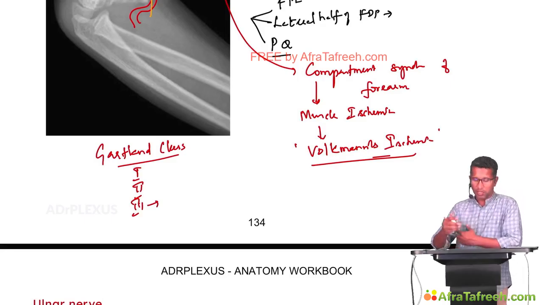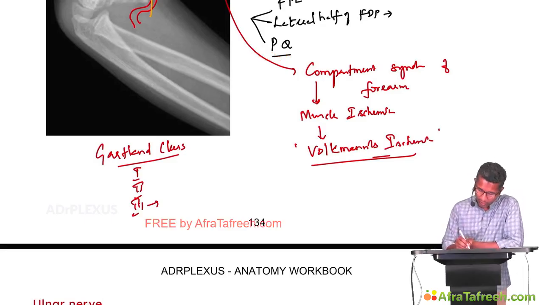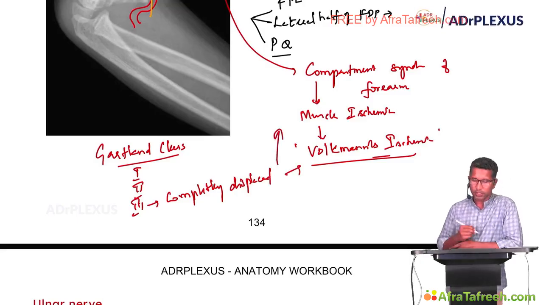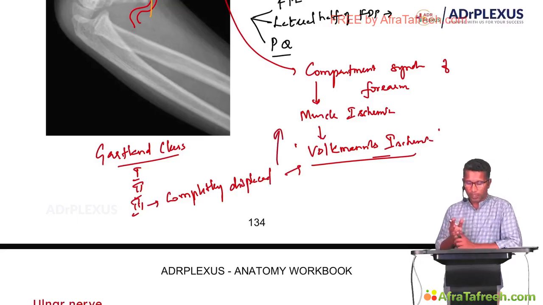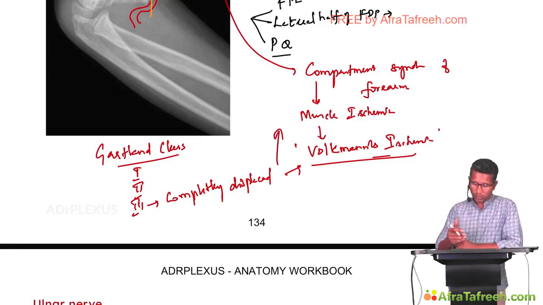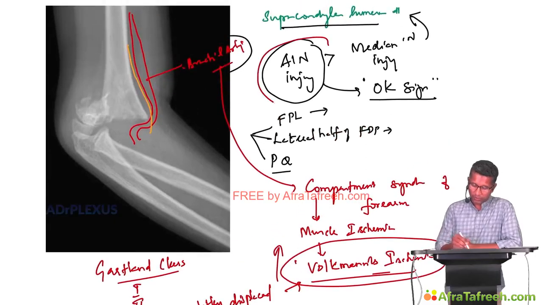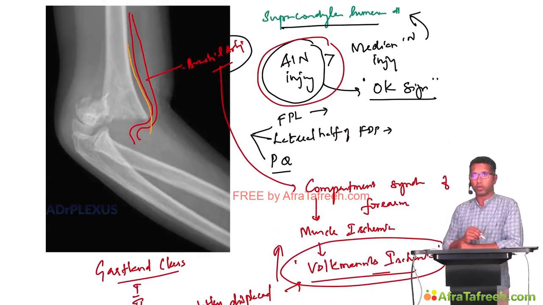Type 3 is a completely displaced fracture. Whenever there is a completely displaced fracture, nerve injuries and vessel injuries can arise and cause a lot of sequelae. One such sequela is Volkmann ischemia and another is anterior interosseous nerve injury. All these are problems of supracondylar humerus fracture.